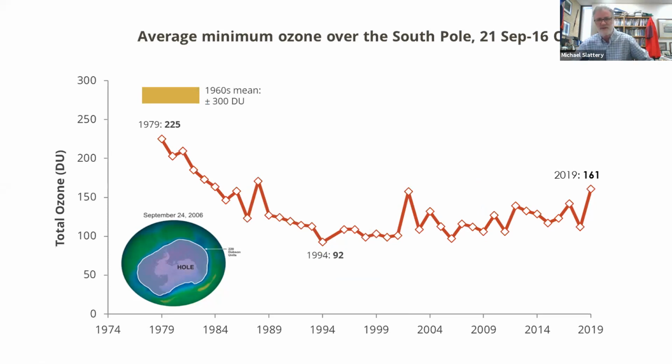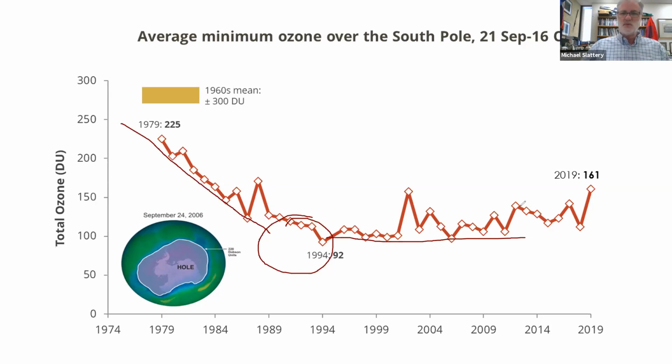So this shows the average minimum ozone over the South Pole, where you see this decline in stratospheric ozone, right? And a continual decline reaching very low values in the early 1990s. And that has continued with a couple of ups and downs along the way.